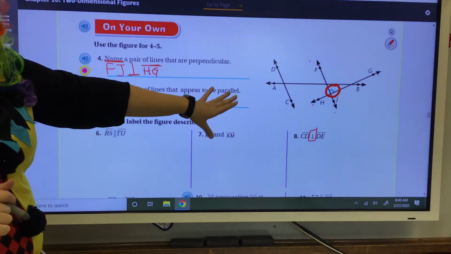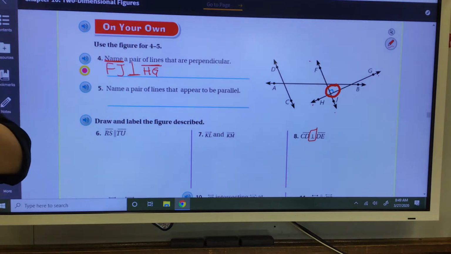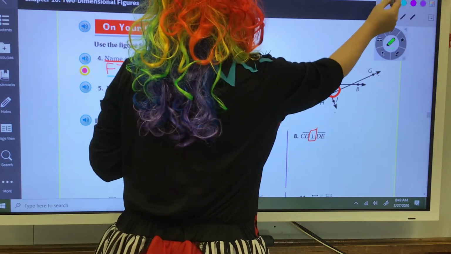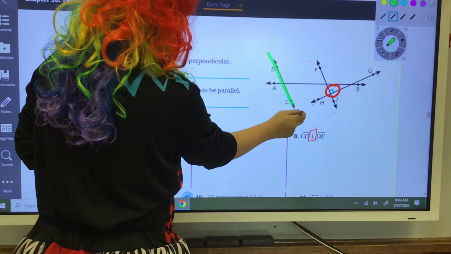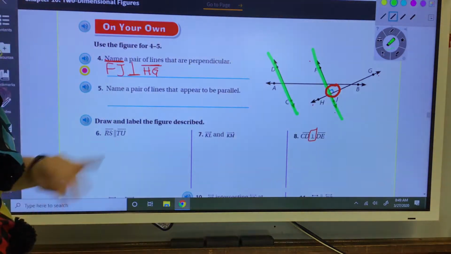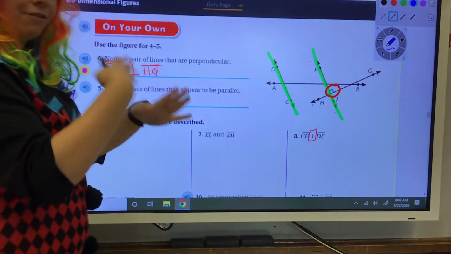In our diagram, there is only one pair of lines that runs parallel to each other. Can you see them? Two lines that won't ever cross. If you chose DC and FJ, you were correct. Those two lines are parallel to each other, and they will never intersect.